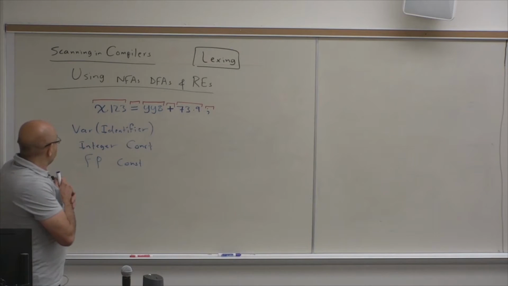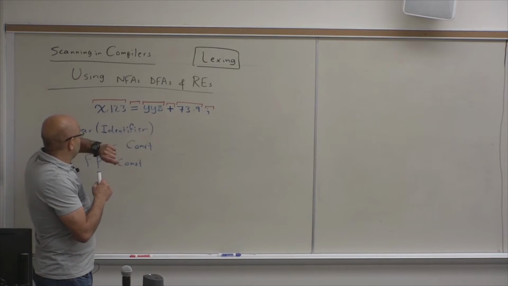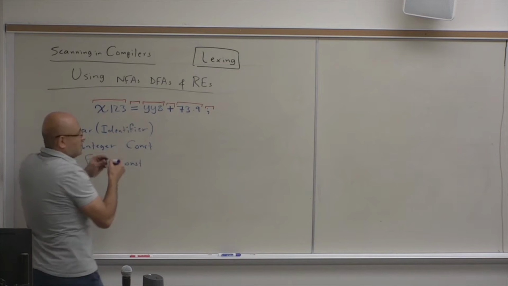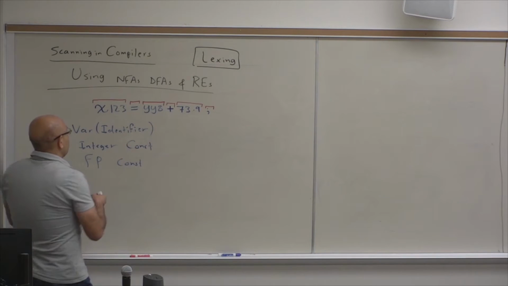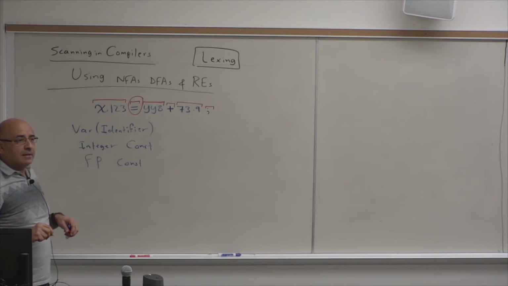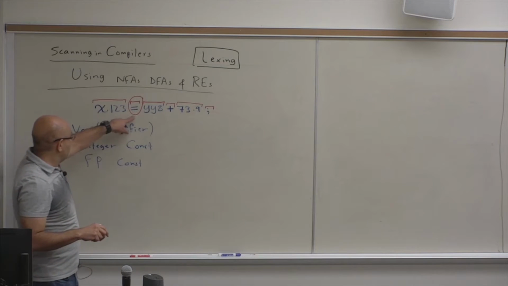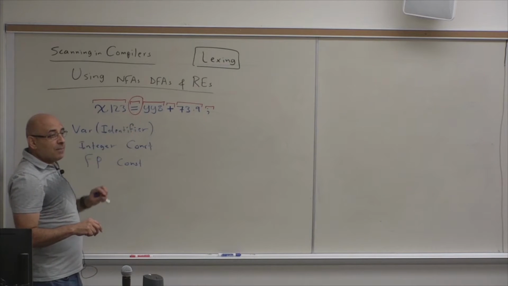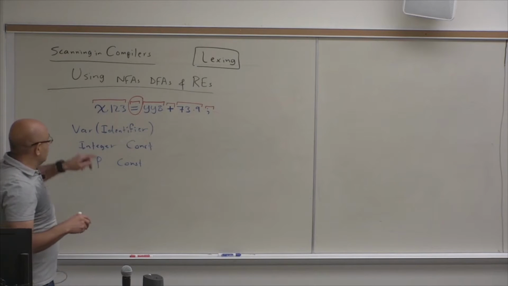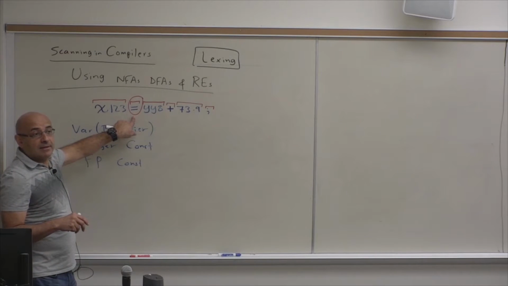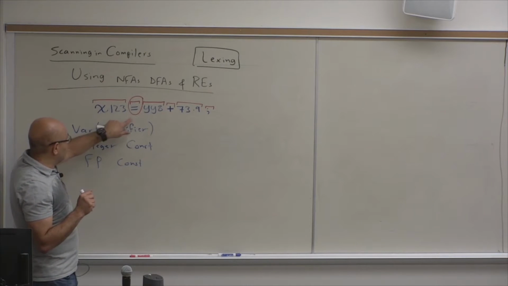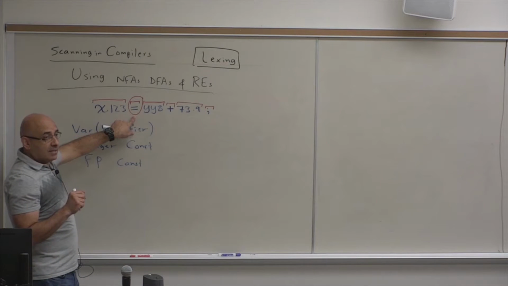So we define a regular expression for each one of these different tokens. Of course, the regular expression for these operators is trivial. And what's the regular expression for the assignment operator? Yeah, it's just the assignment operator itself. So for the assignment operator, there is a language that consists of a single string. So the language of the assignment operator is a language that has a single string in it, which is this.